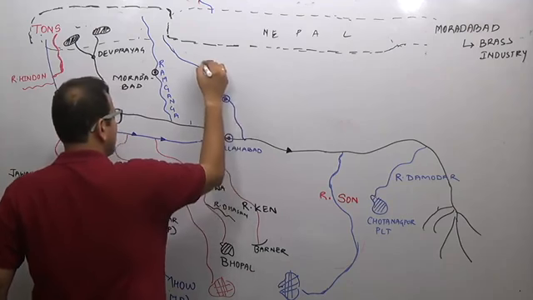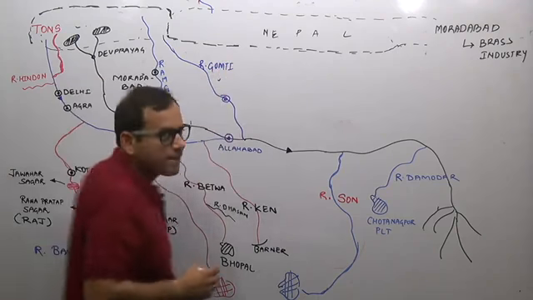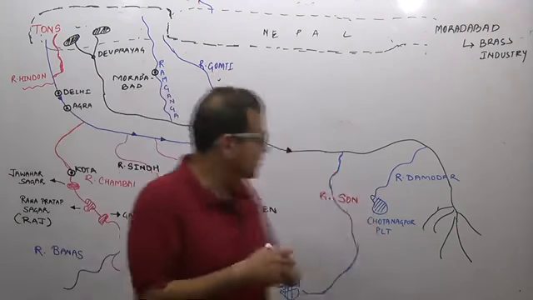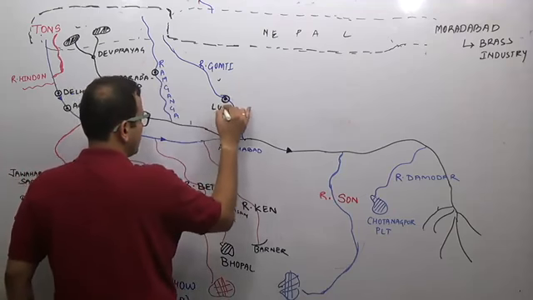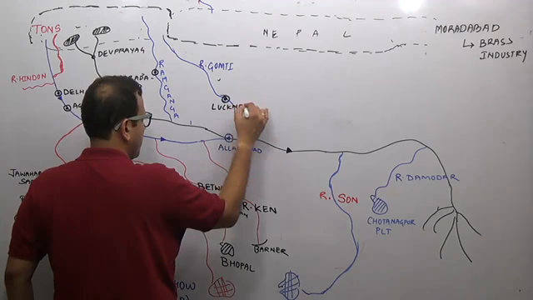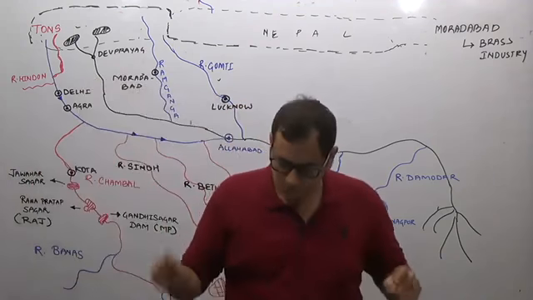Now it makes my job easier. River Gomti joins after Allahabad and the city here is the city of Lucknow.